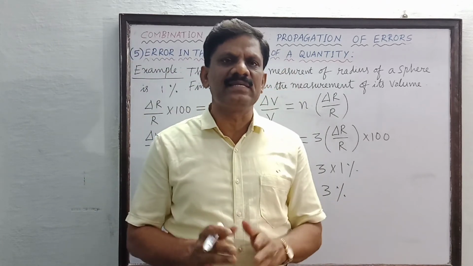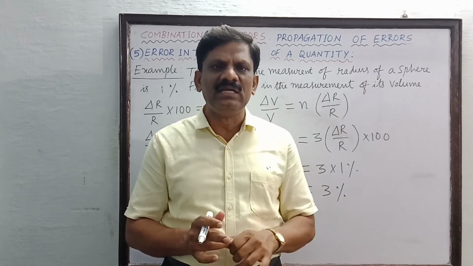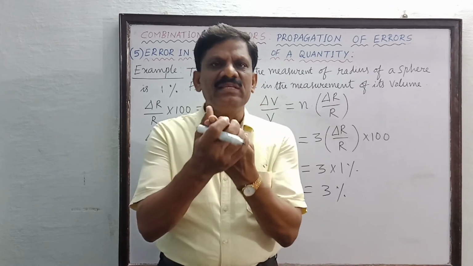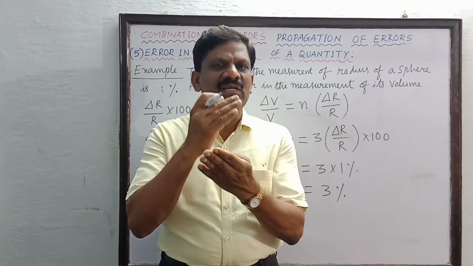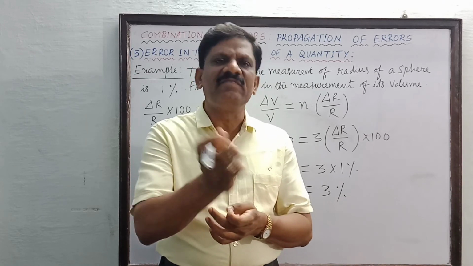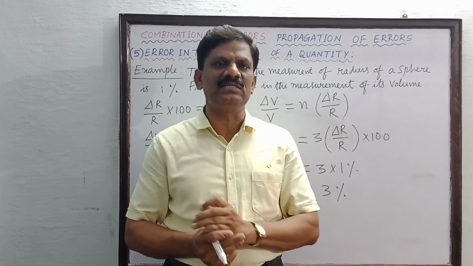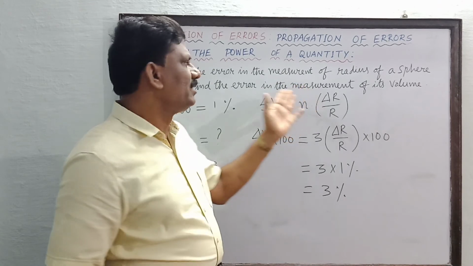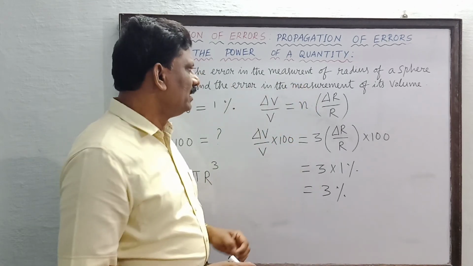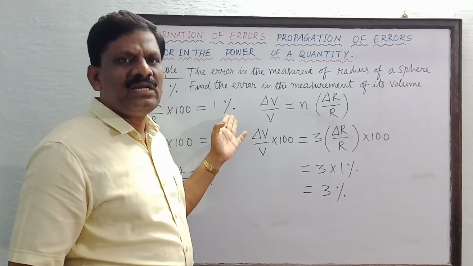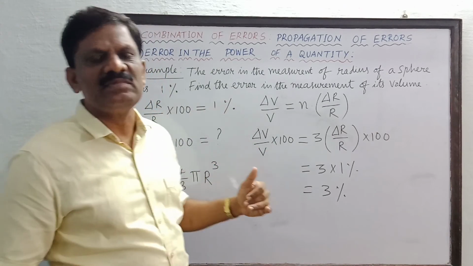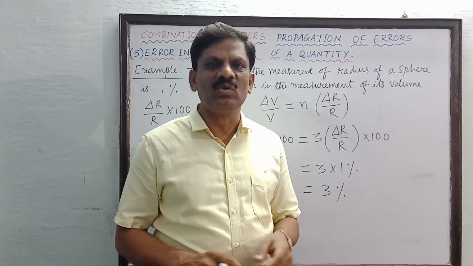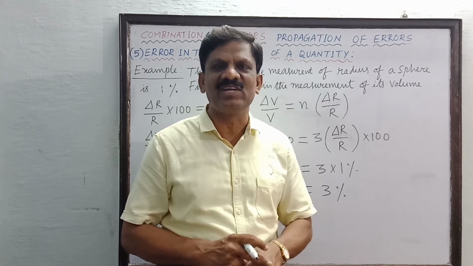In all these 4 cases, the maximum fractional error in the sum, difference, product and division is equal to the sum of the fractional errors in the individual quantities. Keep that in mind. The fifth one is the nth power of a physical quantity. Here the maximum fractional error is equal to n times the fractional error of the given quantity. I hope you are thorough with all the rules to find out the errors in the combination of physical quantities. Fine.